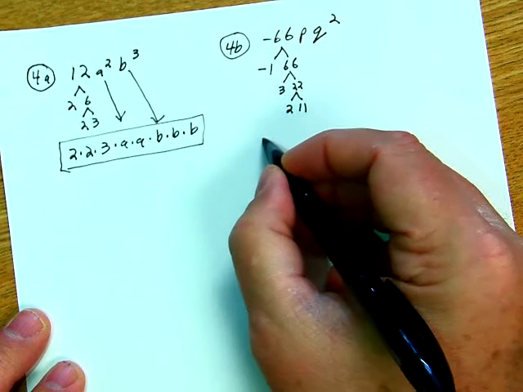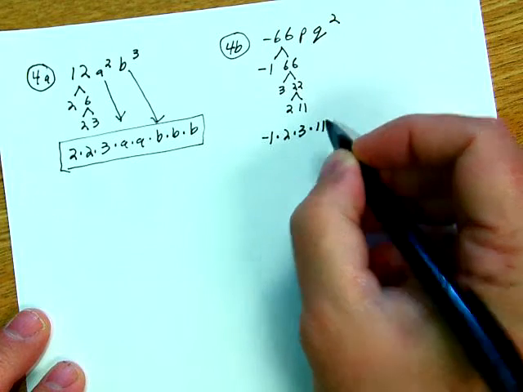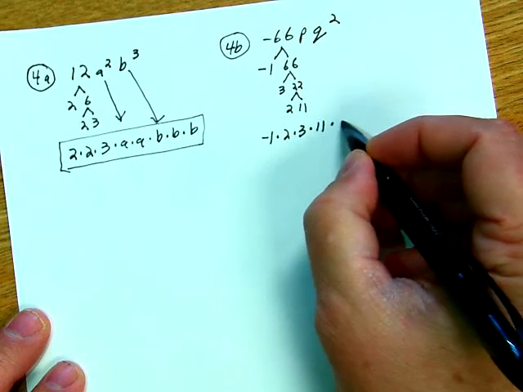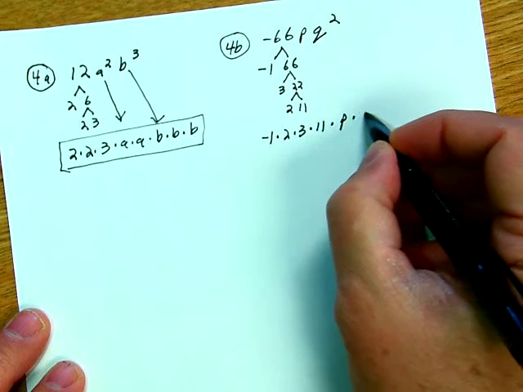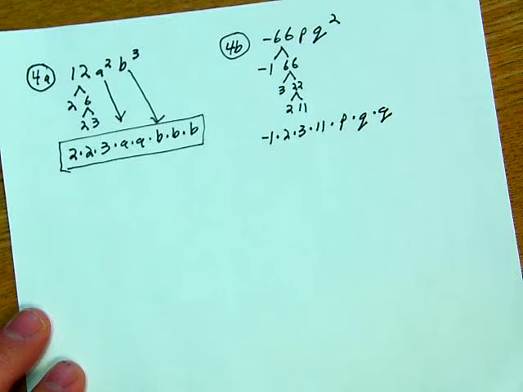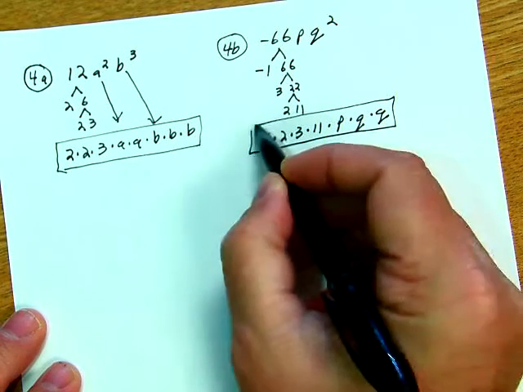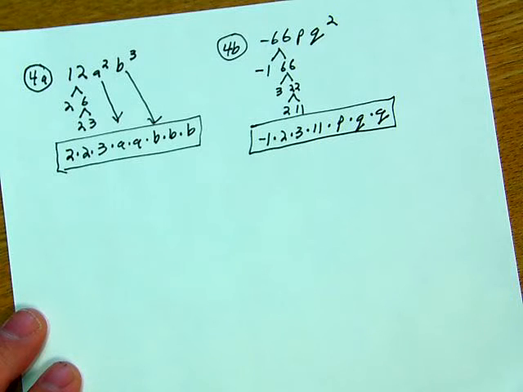So my numbers are going to be negative 1 times 2 times 3 times 11. Now my variables are p and two different q's because it's q squared. And there is my factored form of negative 66p q squared. Okay.